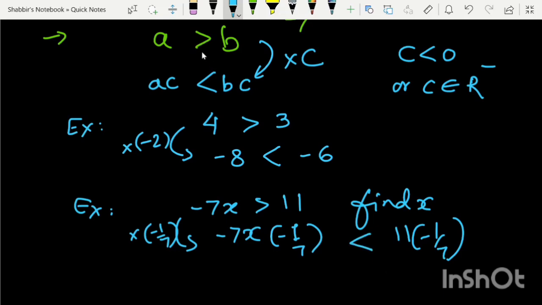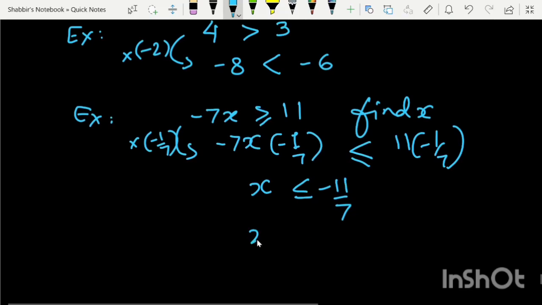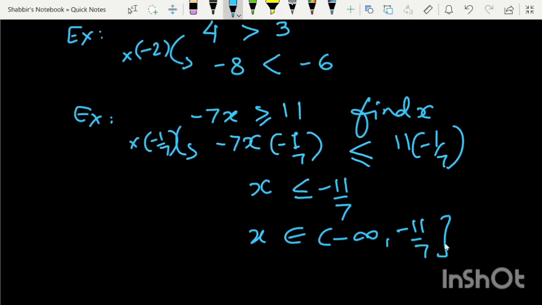What I mean to say is, if it is greater than equal to, this will become less than equal to. The sign is reversed. So minus 7x into minus 1 by 7 becomes x, and this becomes minus 11 by 7, and similarly we can write it in interval form as x belongs to minus infinity to minus 11 by 7, with minus 11 by 7 included.